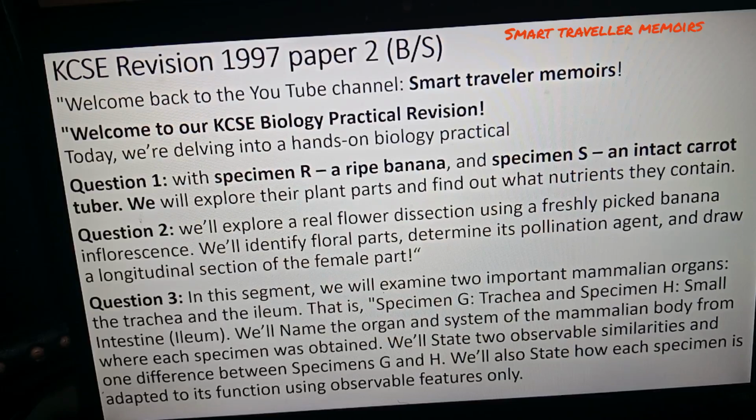In question 2, we will explore a real flower dissection using a fresh picked banana inflorescence. We will identify floral parts, determine its pollination agent, and draw a longitudinal section of the female parts.